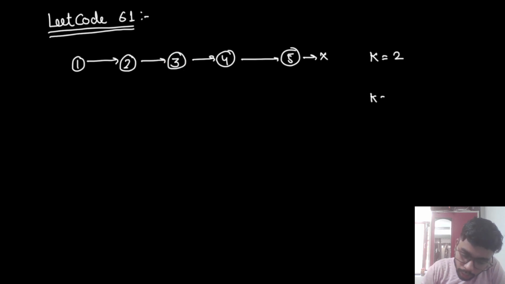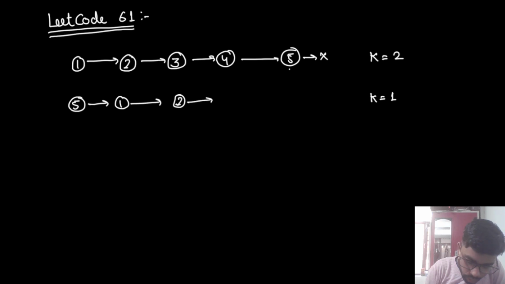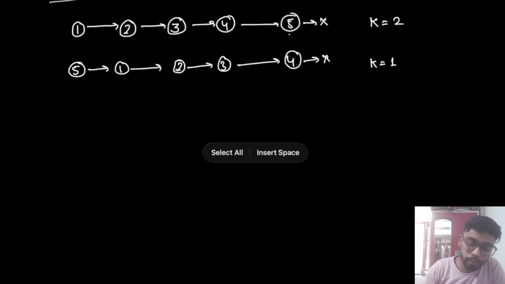While rotating with k equals 1, this 5 will become the head, and the rest of the linked list will remain the same. Now 4 will point to null.